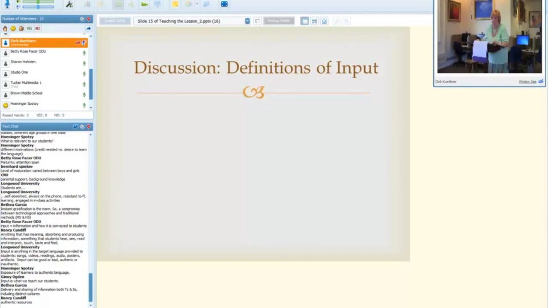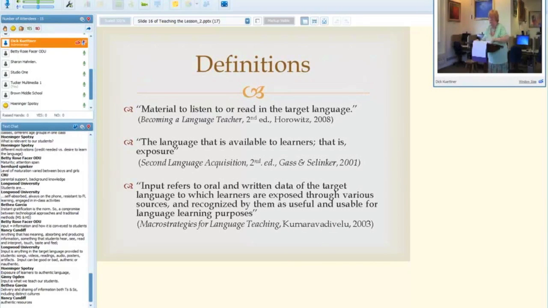Materials to listen to or read in the target language, from Becoming a Language Teacher by Horwitz, 2008. The material's not too old, but I think that's a very limited definition of what input is. Gass and Selinker, interesting: the language that is available to learners, that is exposure, is their definition of input.